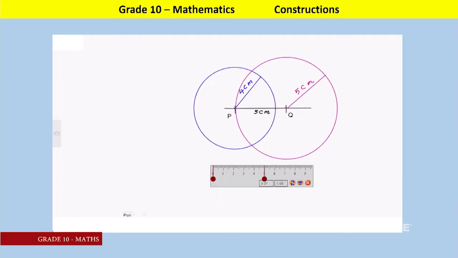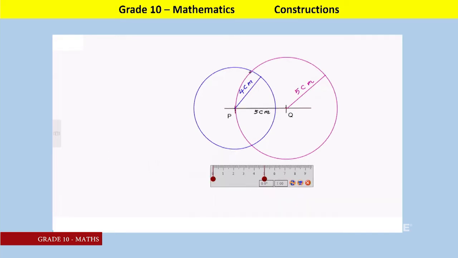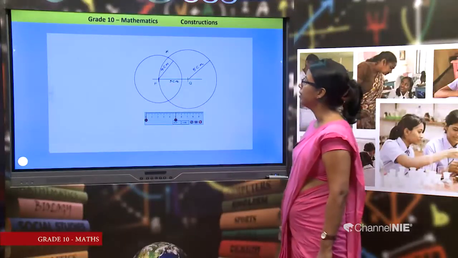There are two intersecting points. There are 2 points 4 centimeters away from P and 5 centimeters away from Q. So this is 1 point and this is 1 point.